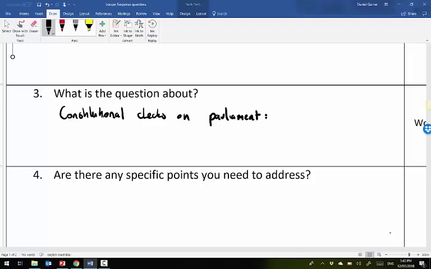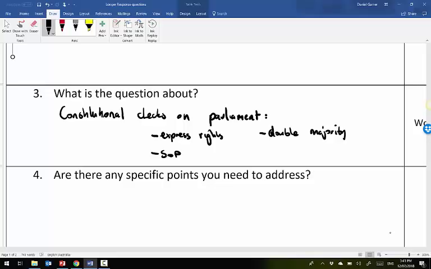So if we remember from the study design, and obviously in the exam you're going to have to be able to pull this straight up into your head, this is dot point 4.1.4, and constitutional checks on Parliament that it gives us are express rights, the separation of powers, double majority or referendums, and it also gives us the bicameral structure of Parliament and the role of the High Court.